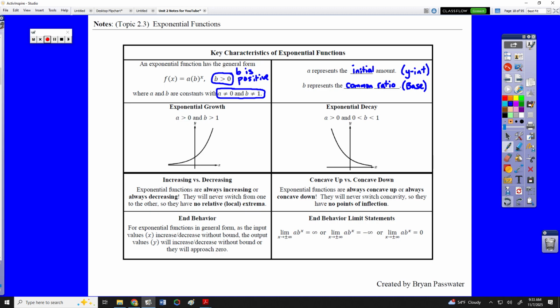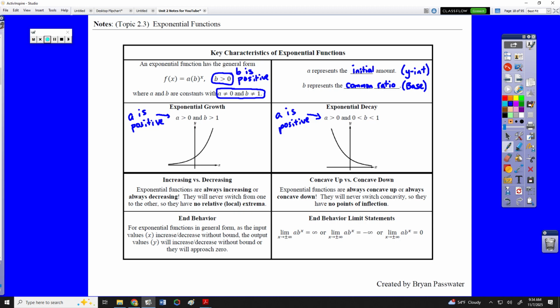Well, that means that a is positive. And again, the base is greater than 1. Same thing over here. A is greater than 0 means a is positive. So we need to keep that in mind, that in real world situations, we're going to have a positive a value. Okay, if b is greater than 1, the function will grow. And if b is between 0 and 1, the function will decrease, meaning it will be decay.